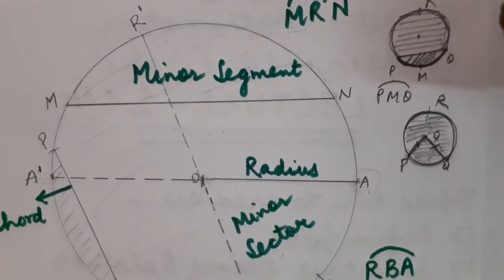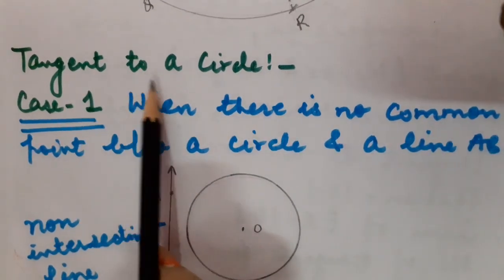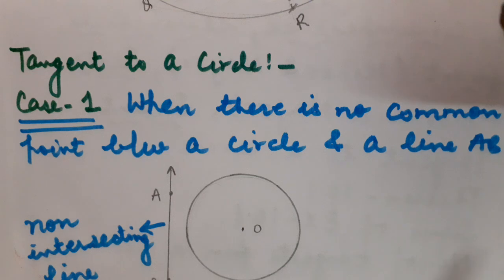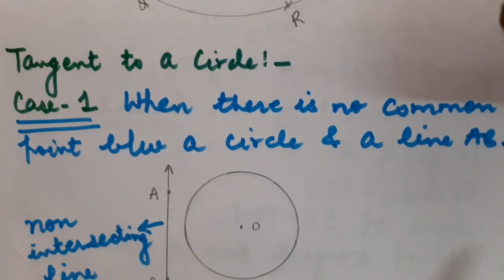Clear, children? Now children, here is our next topic, that is tangent to a circle. In this topic, we will discuss the relation between a circle and a line which are given in a plane. Correct, children? So for that we are going to consider a line, let it be AB, and of course a circle.